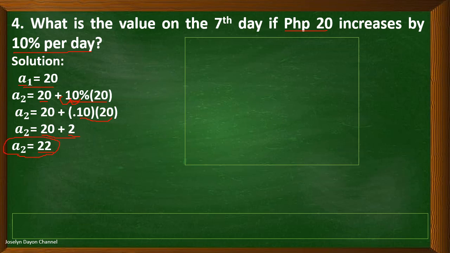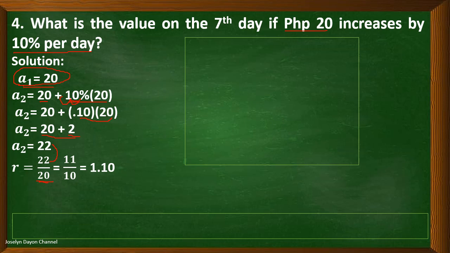Since we already have the consecutive term, we can now determine the common ratio. So the common ratio, that is second term divided by the first term. So that is why we have here 22 divided by 20, because 22 is the second term and 20 is the first term. So we are going to reduce this, and this will become 11 over 10.